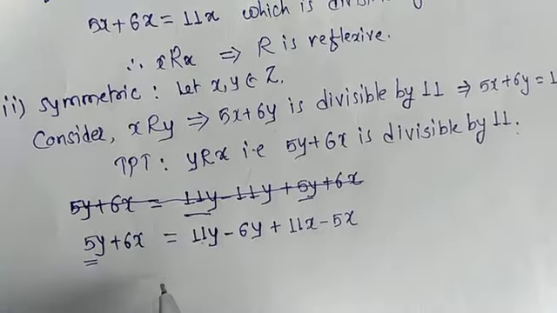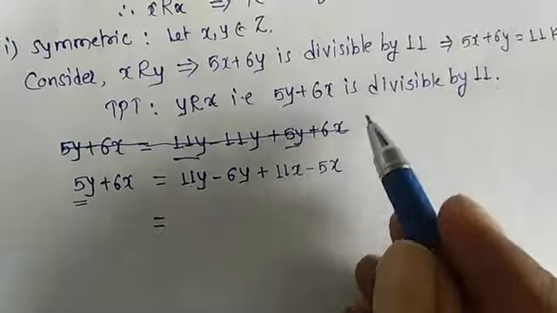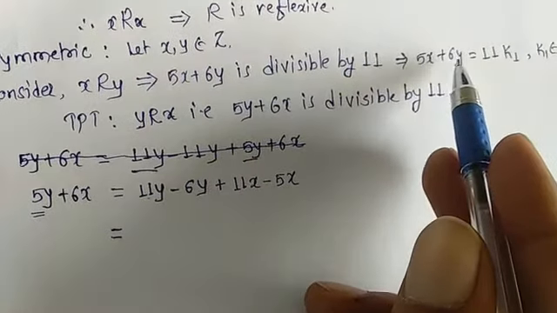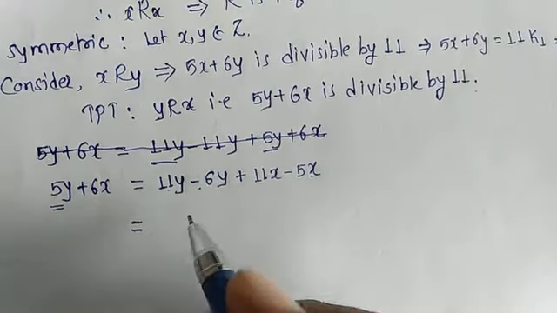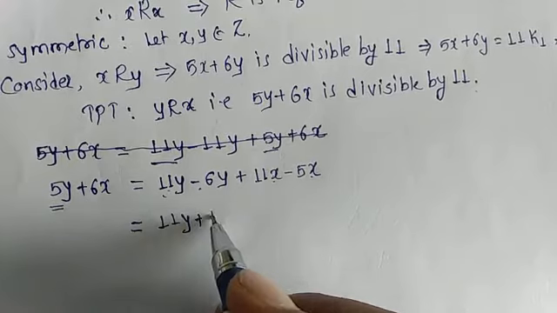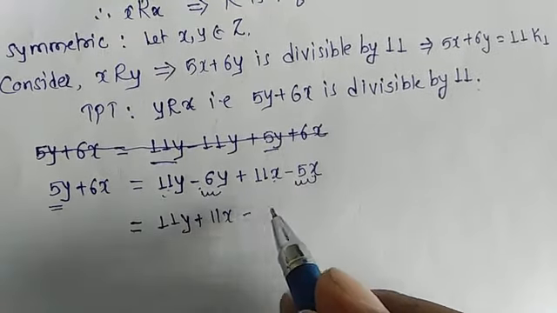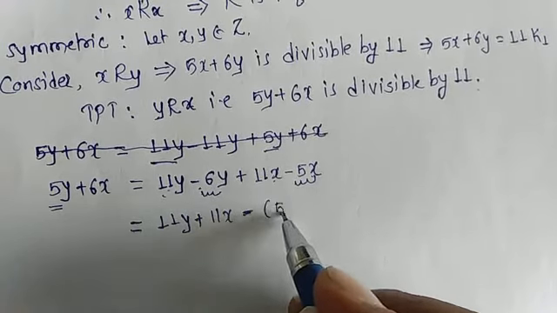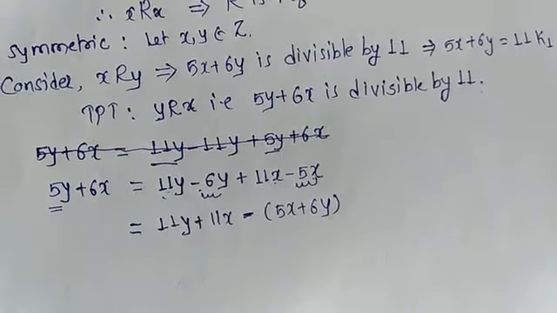Which gives us 11y plus 11x, and the remaining terms can be written as minus into bracket 5x plus 6y. That is our adjustment here.